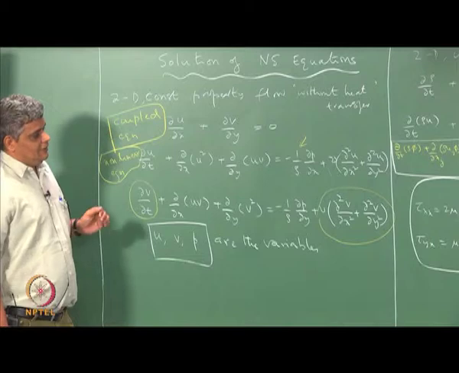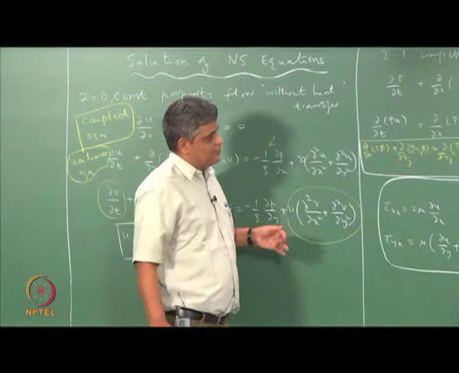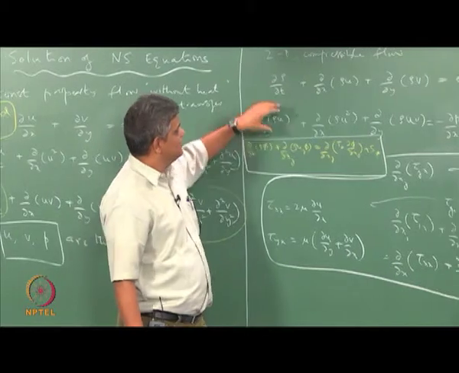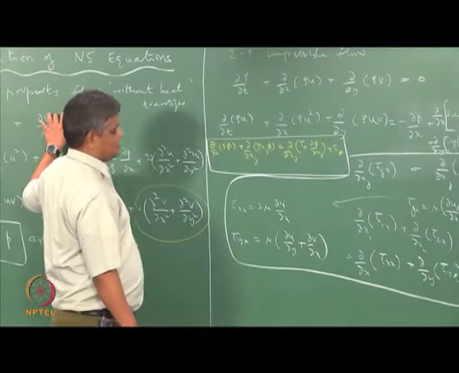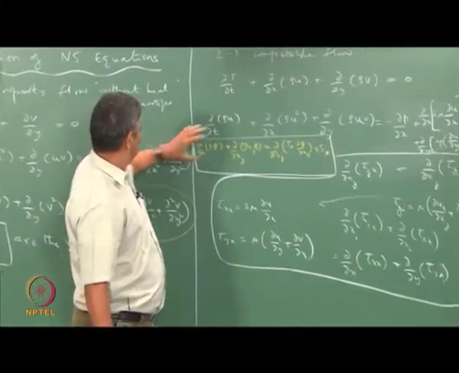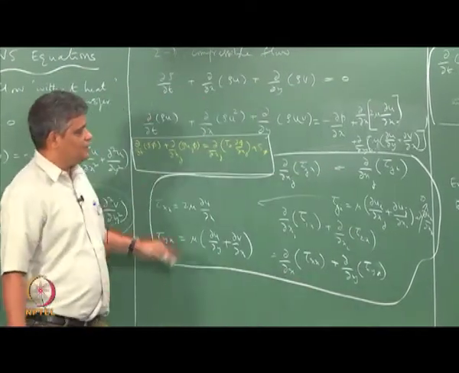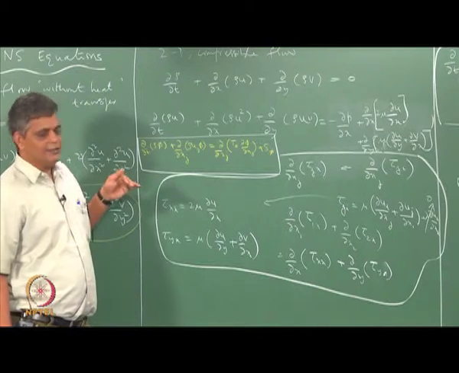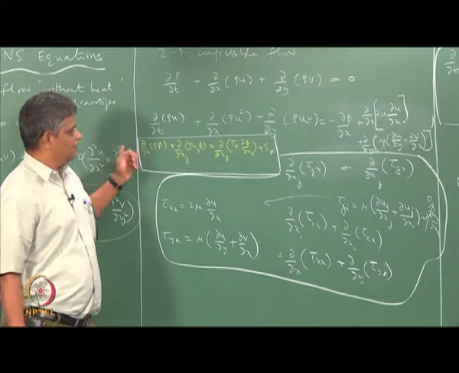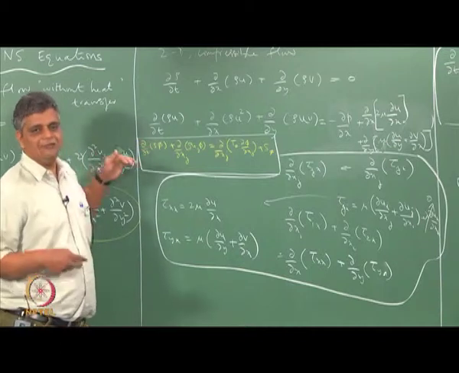So the strategy we are going to follow is that, despite the additional complexity in compressible flow, in the sense that here the equation involves only 2 variables, and here it involves 3 variables, and here we have 3 equations, and here we have 5 equations, there is a natural extension that is possible from the concepts that we have learnt while solving the model equation, and then we will try to create a template.